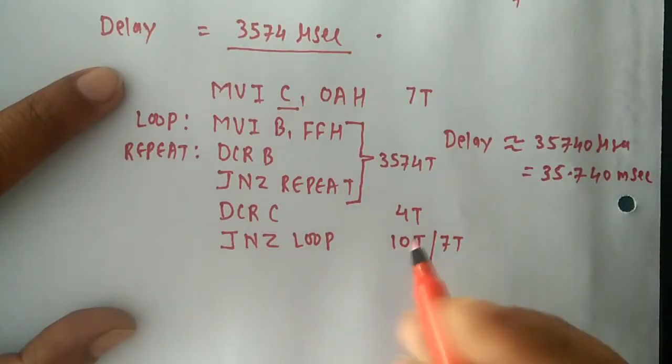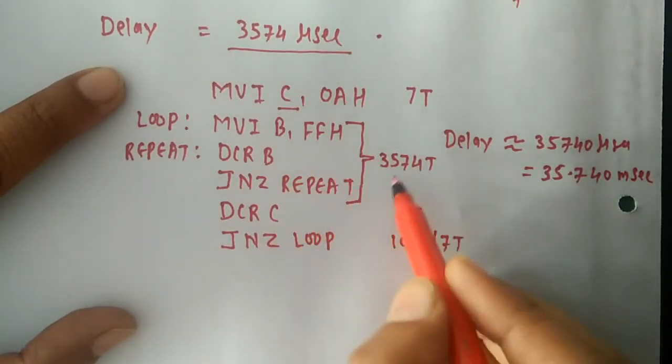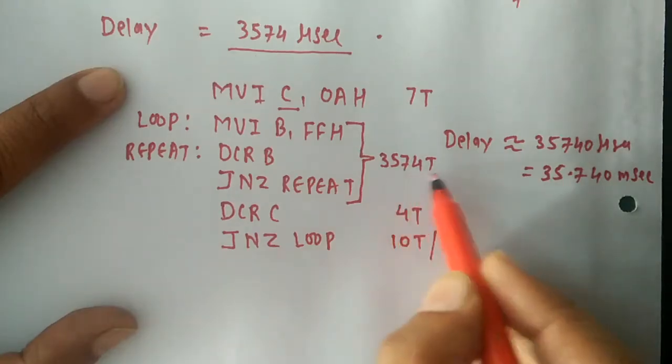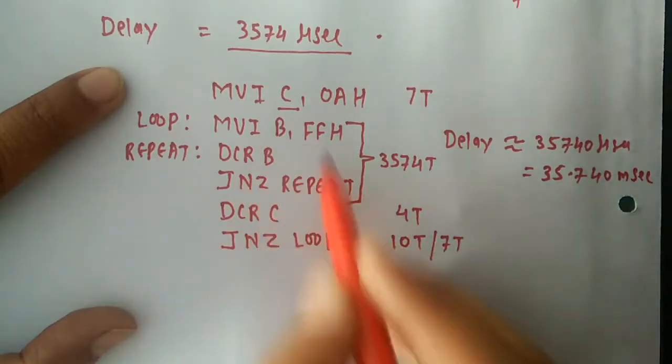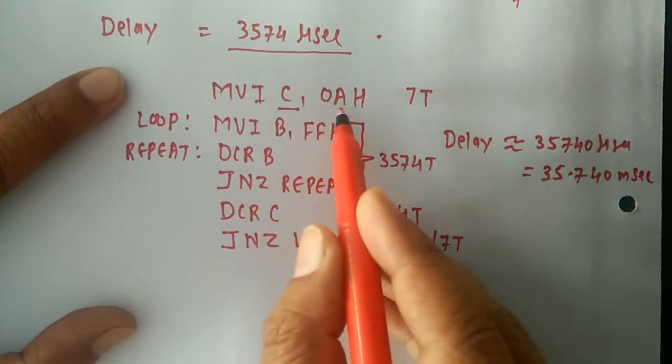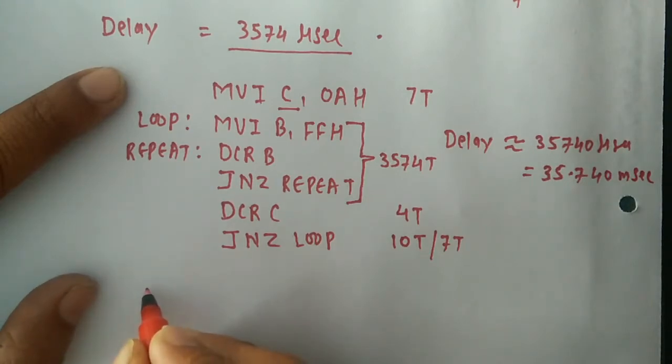So now you can simply see that these three instructions, that means 3574 T states plus 4 T states plus 10 T states, will run a total of 10 times. So I'm going to write delay in loop.